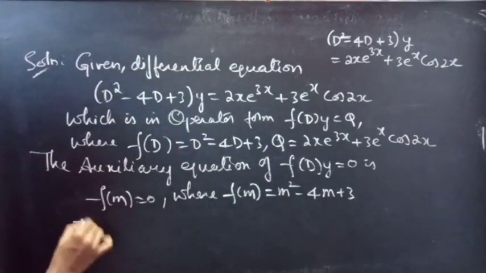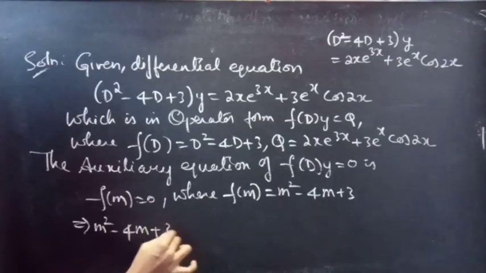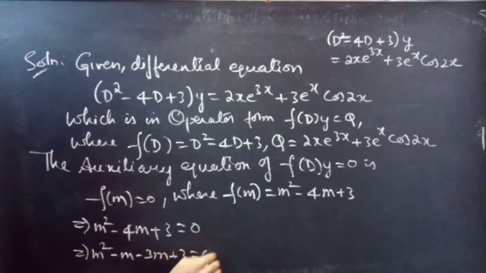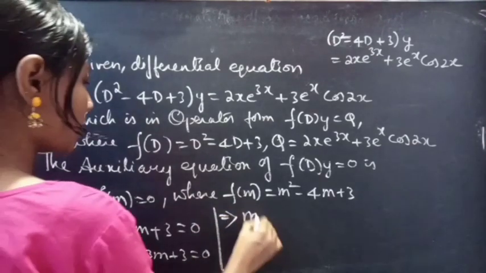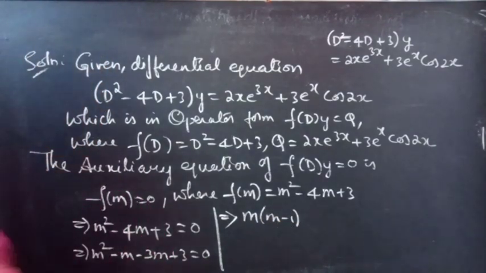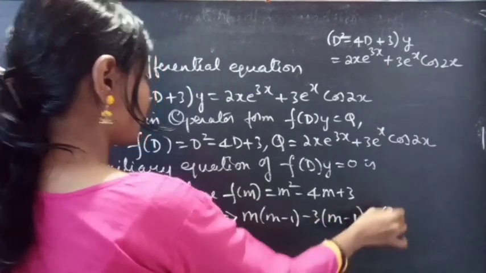Now our auxiliary equation becomes m² − 4m + 3 = 0, right? Now let's split −4m as −m − 3m, so m² − m − 3m + 3 = 0. Now take m common from the first two terms, we'll get m(m − 1), and take −3 common from the next two terms, we'll get −3(m − 1) = 0.